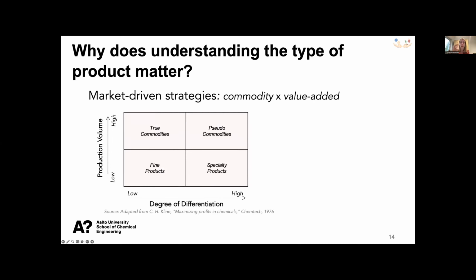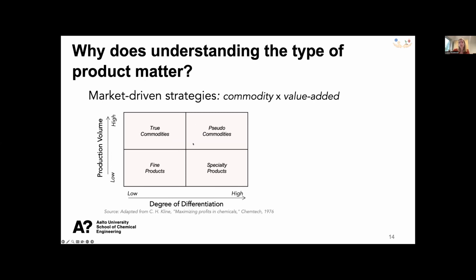When we're talking about commodities versus value added, commodities are usually a large volume. They can be true commodities like biofuels or fuels, where differentiation is low. Pseudo commodities, like some grades of paper, have a further degree of differentiation.